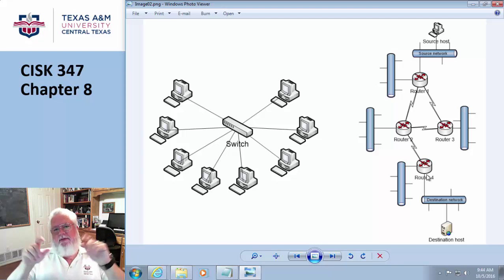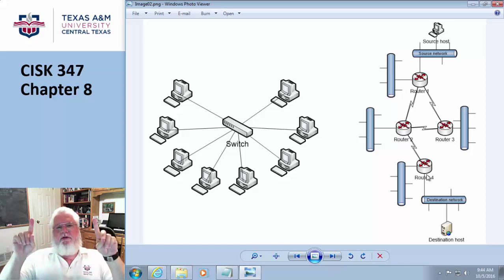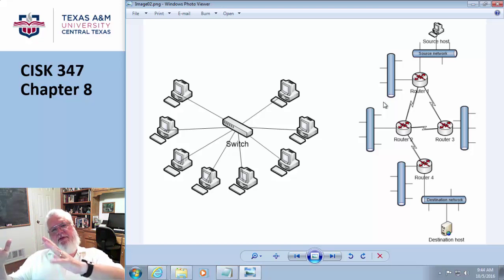It's called cost, and the lowest cost, and they do not mean money. Cost is just an arbitrary term they use to describe how things are set up. For example, let's say that this is a 100 megabit line and this is a 10 megabit line. You want to prefer using the higher speed, so it would have a lower cost, and whichever one has the lowest cost is the one that's going to be primarily used. Okay, that's basically how that part works. So more decisions, and they're based upon the best or lowest cost.